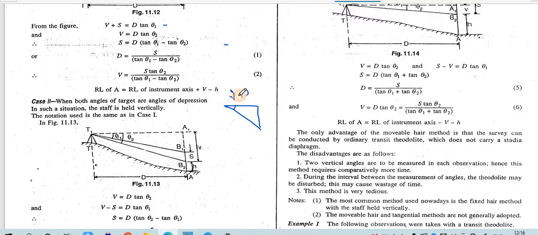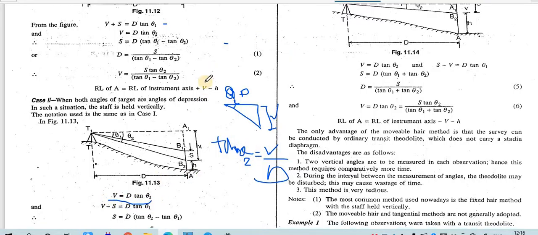This is the horizontal distance D, and the total height is coming out to be V. So by applying tan theta, tan theta will be perpendicular upon base, so V by D. So D tan theta 2 equals V. This is the formula which we have got from the first case.